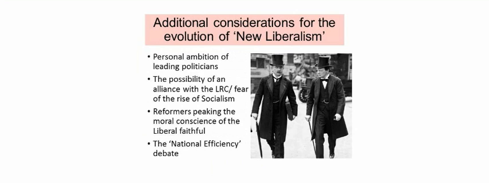Because in the 1880s, no one would have wanted to hear an argument that some poor people don't deserve to be poor. But as we saw in lesson 2, that attitude, that some poor people are there not because of choice, becomes more popular, and therefore the idea that government action should happen becomes more popular, and therefore you're more likely to have people listen to you if you push new liberalism.